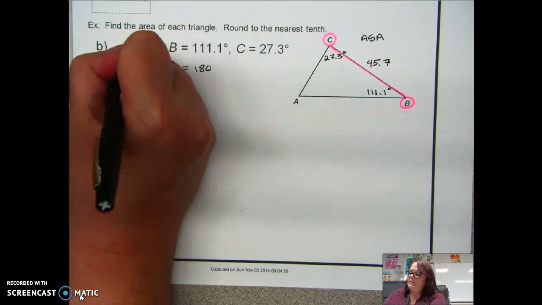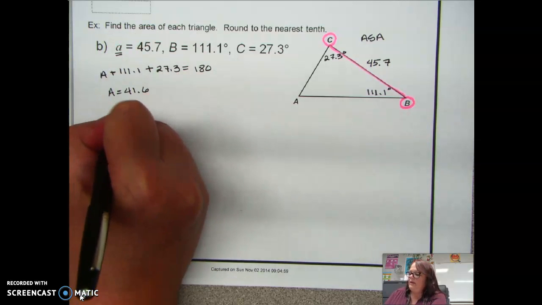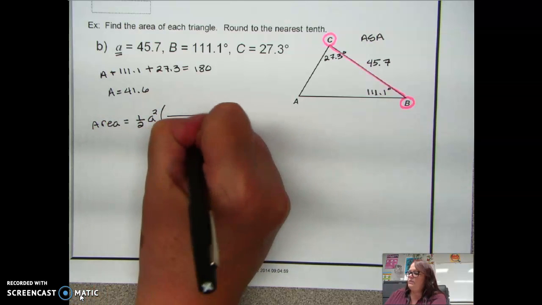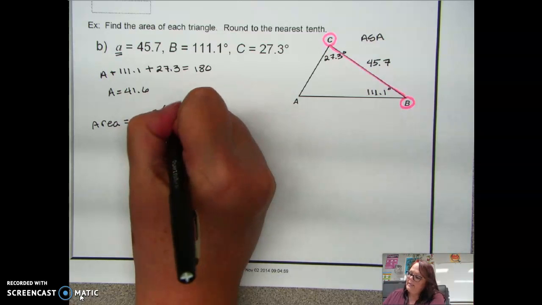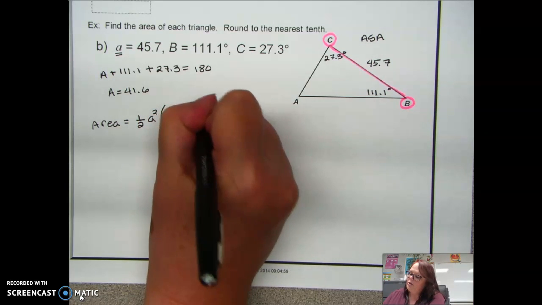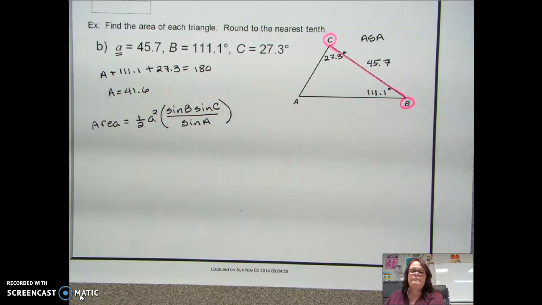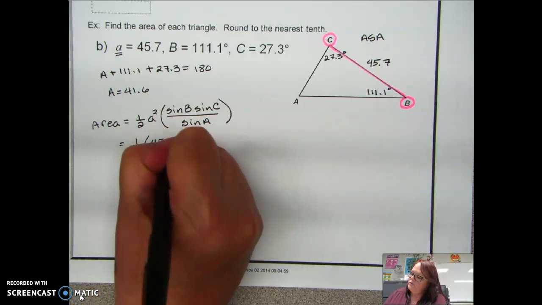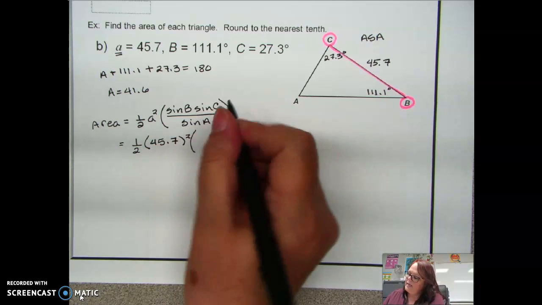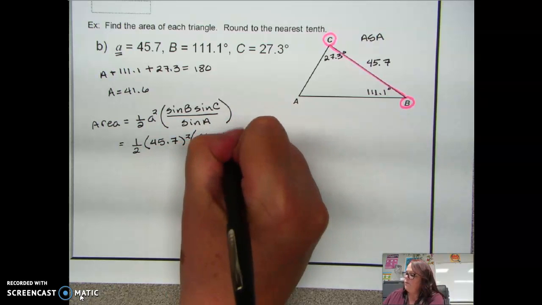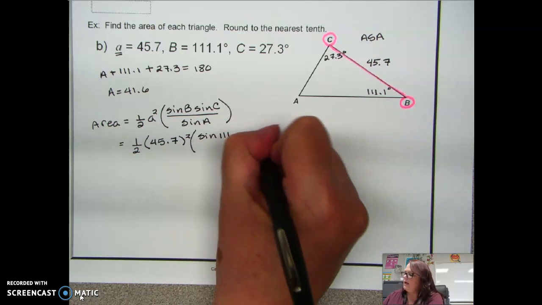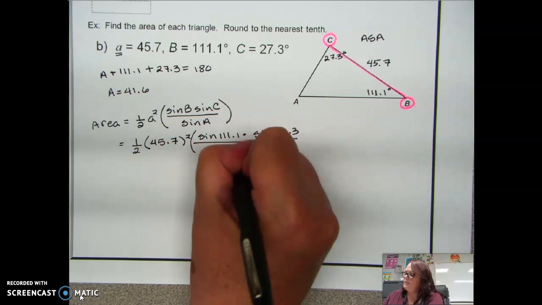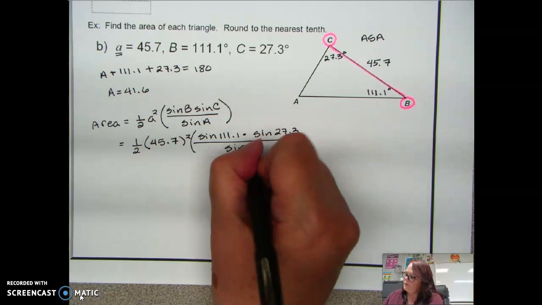Okay, and then they gave us little a, so that means we're going to start with the area is equal to 1/2 a squared, which means that my sine of A goes in the denominator. And then that tells me that B and C are the sines that go in the numerator. So if I fill in the blanks, I've got 1/2 times 45.7 squared times the sine of 111.1 times the sine of 27.3 all over the sine of A, which we said was 41.6.